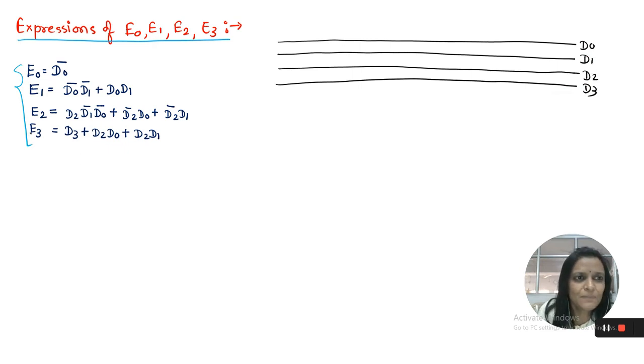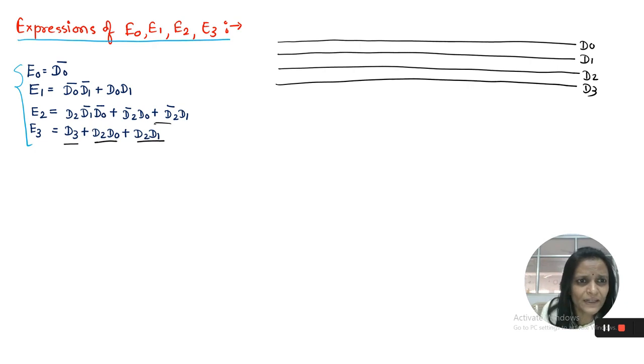Okay, so let us implement E3. How to obtain this E3? Using D0, D2, D1 and D3. E3 has 3 terms, and all these 3 terms are ORed.